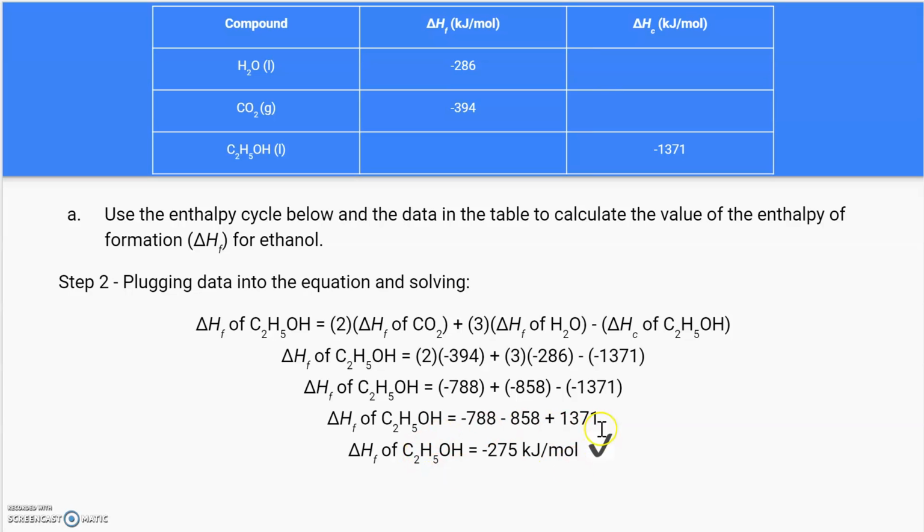If we add all that, we get that the enthalpy of formation of ethanol is negative 275 kilojoules per mole. And at that point, we will be done with the exercise, because that is exactly what the problem is asking for, to solve for that enthalpy of formation of ethanol, and we have already done so.